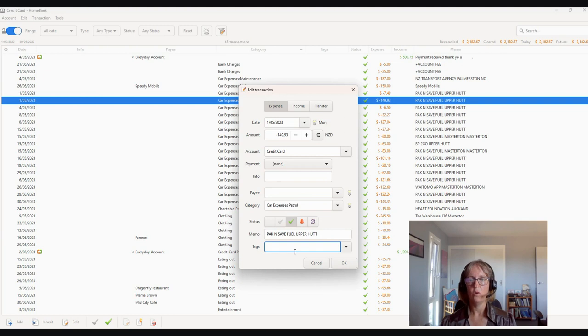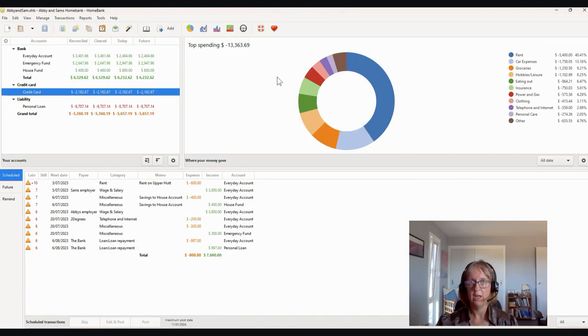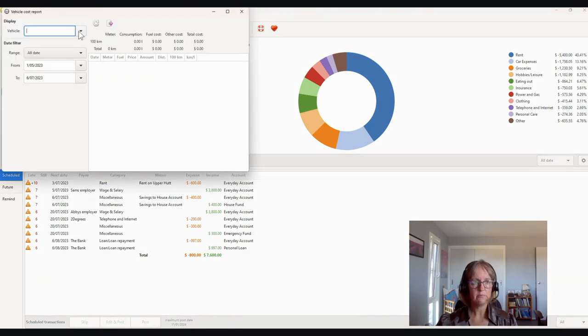So that means that you can start to look at your vehicle report and say, well, how far are we going and how much is it costing us for a tank of gas? So you put in the vehicle and then you can start to see how much fuel you're actually using over a period of time. It's very helpful if you have a business and you're claiming some of your vehicle expenses, because then obviously you can put that into your tax return.